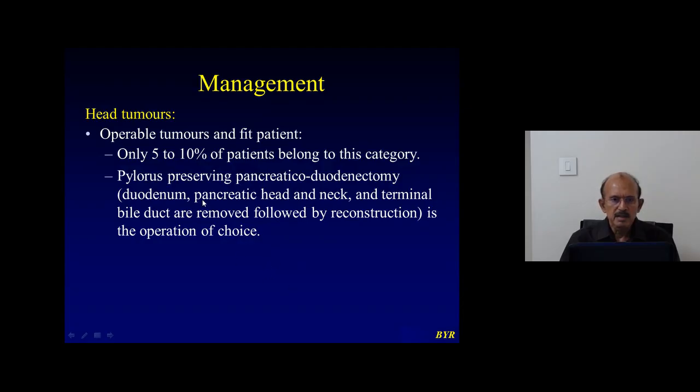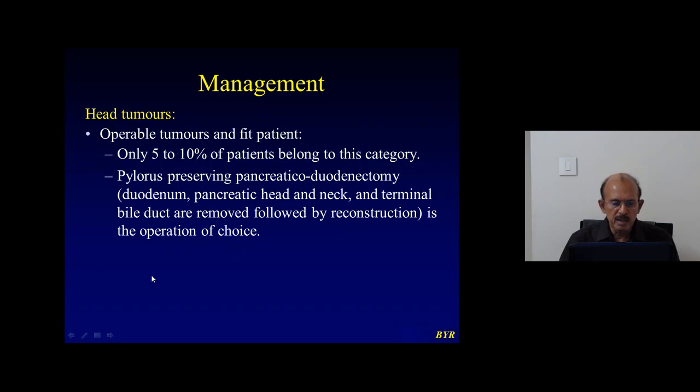The surgery is pylorus preserving pancreatoduodenectomy. So this is the operation that is being done. In this, the duodenum, pancreatic head and neck, and terminal bile duct are removed, followed by reconstruction. This is the operation of choice. So what is this procedure?